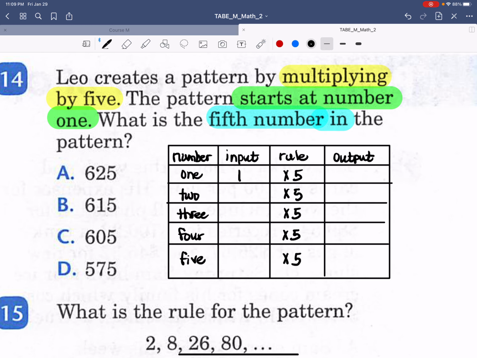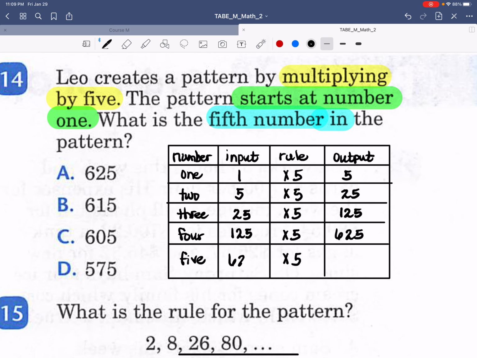This is building up: 1 times 5, then 5 times 5, then 25 times 5. This is called exponential growth. It's growing very quickly. Then 125 times 5, I believe, is 625, but let me be sure.